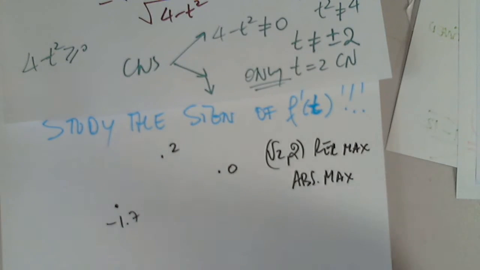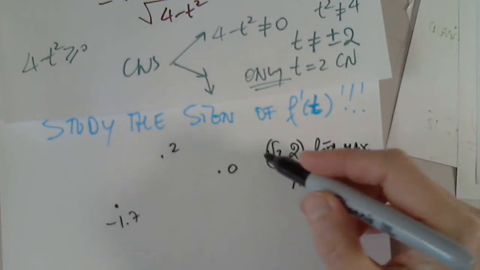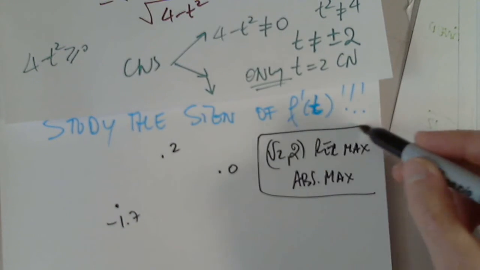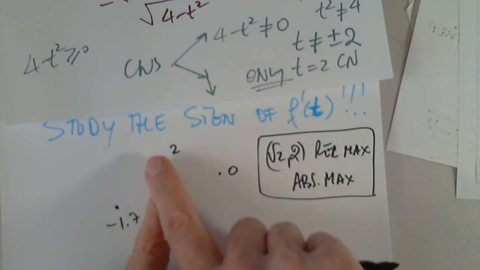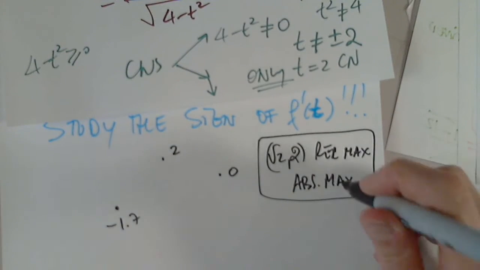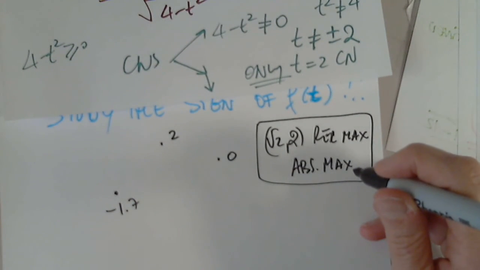Because if it were, we would have found a critical number there. But we only found a critical number at the square root of 2 when y is 2. So this point being the highest, it has to be a relative max because the function exists on both sides, and it is also an absolute max.